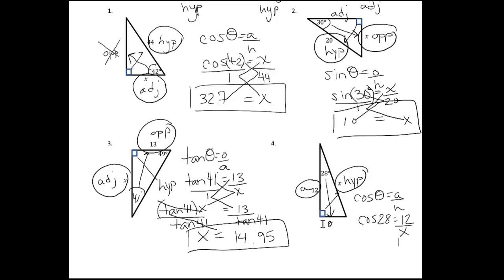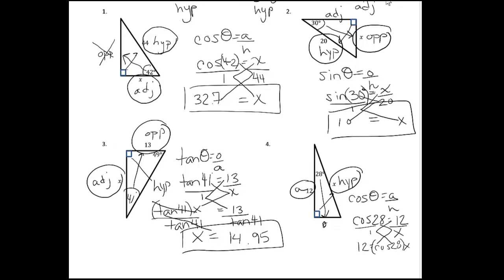Again, this is one of those ones where we're going to have to cross multiply. 12 isn't the problem. It's the cos 28 times x. And I'm afraid this is going off the page for you. That's better.